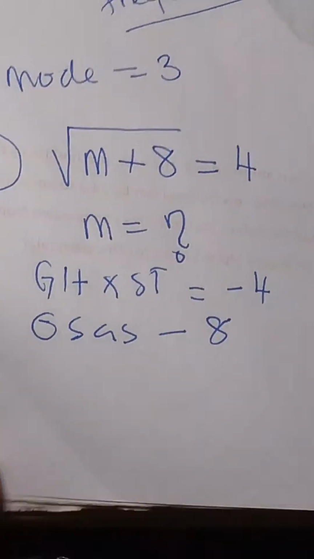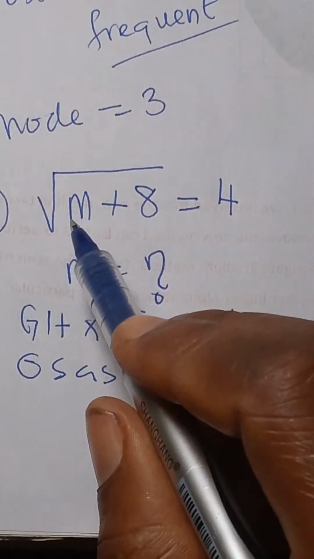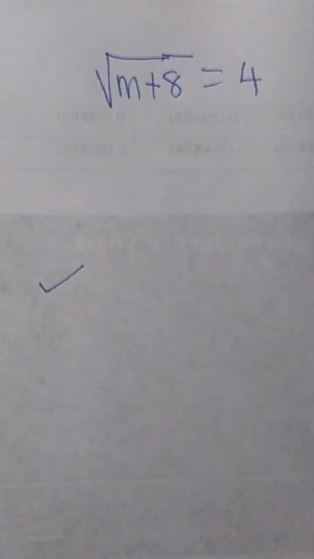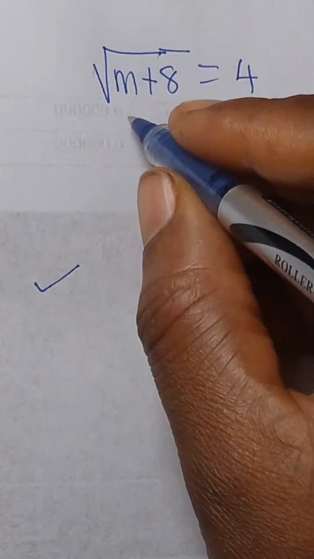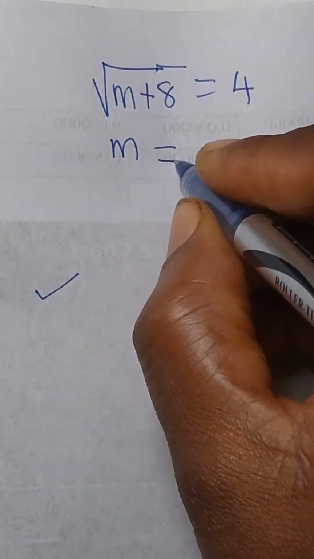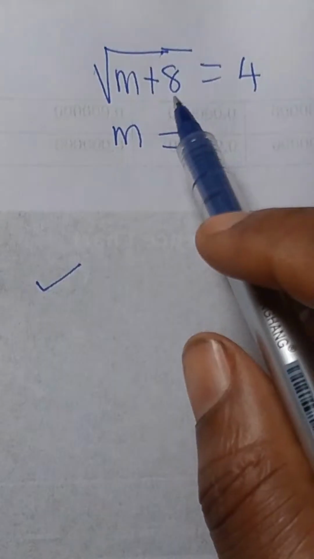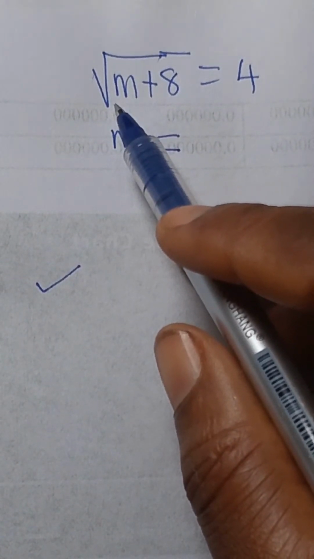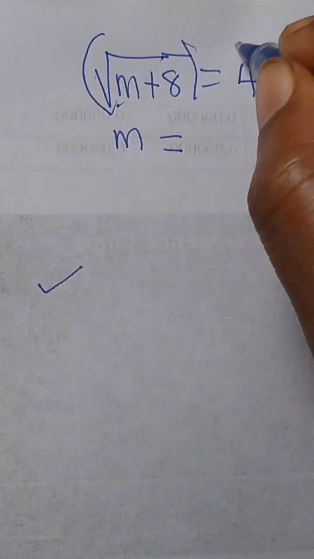So let me solve it. Now we have square root of m plus 8 equals to 4. I'm going to write it up here, then I'll solve it. All right. So we are asked to solve for m. Now, the first thing you do is try to take away this square root. To take away this square root, you square both sides, because whatever you do on the left side, you do on the right side.